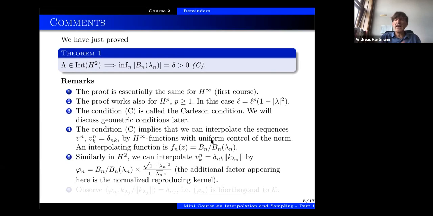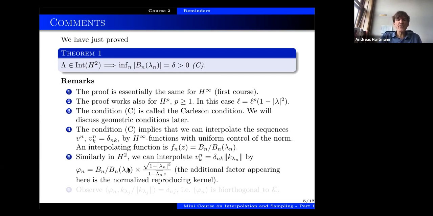And in H2, you can also solve the 0, 1, quote unquote, problem. The difference is now that we have to introduce the weight. It's natural, because functions in H2 can grow, and their growth is controlled by the norm of the reproducing kernel. And so you can solve also this 0, 1 problem, where 1 is replaced by the norm of the reproducing kernel, excuse me.